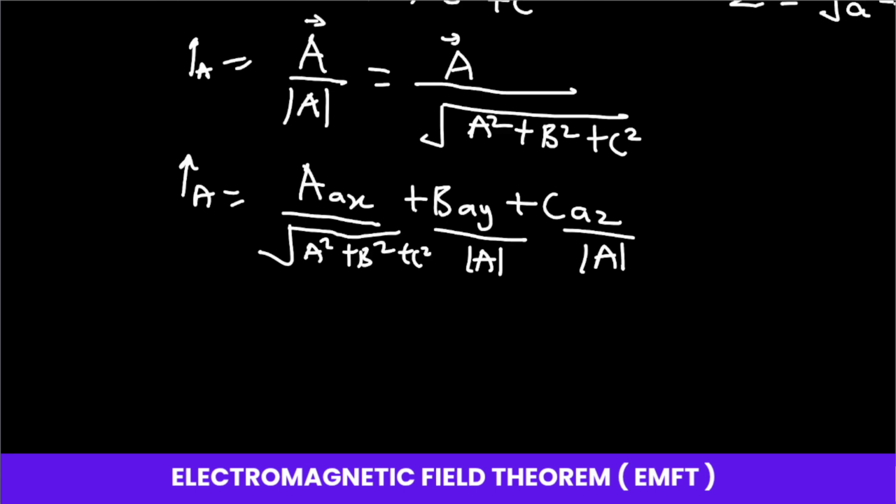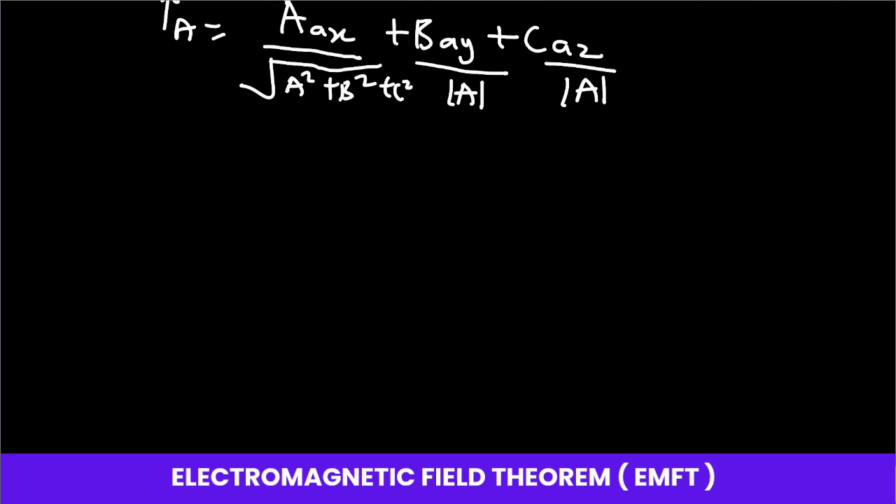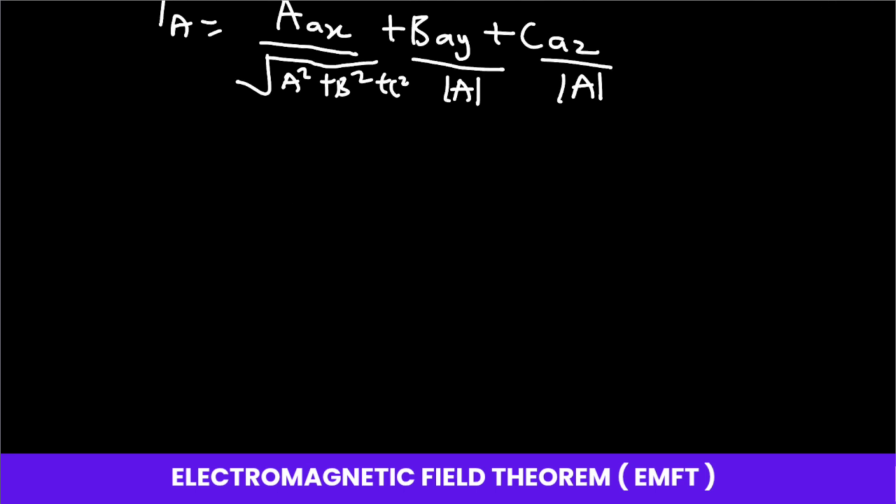Now if we understand that, then we are going to move on to something we call the dot product of two vectors. Let's say we have vector A and vector B, meaning that we have different vectors and a smaller angle between them. Given two vectors A and B, the dot or scalar product of the two is defined as the product of the magnitude of A and the magnitude of B, and the cosine of the smaller angle between them.